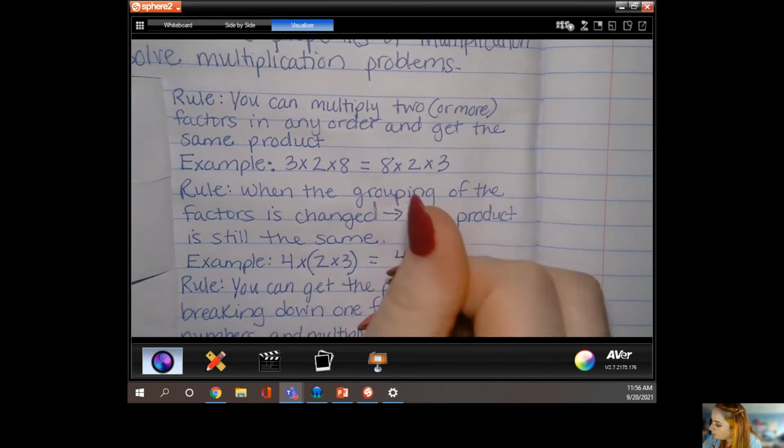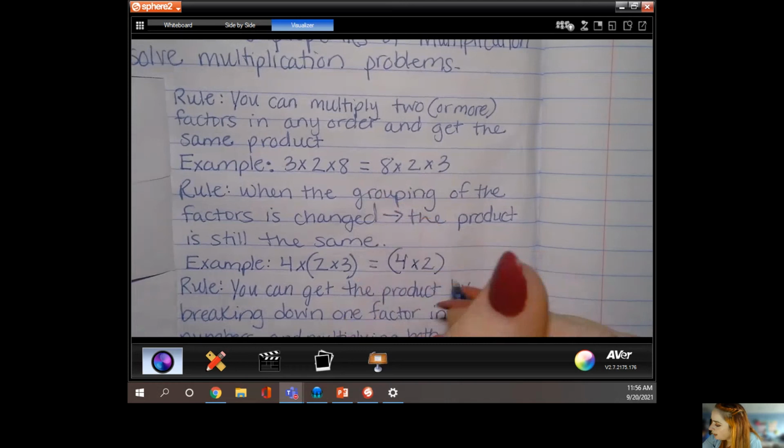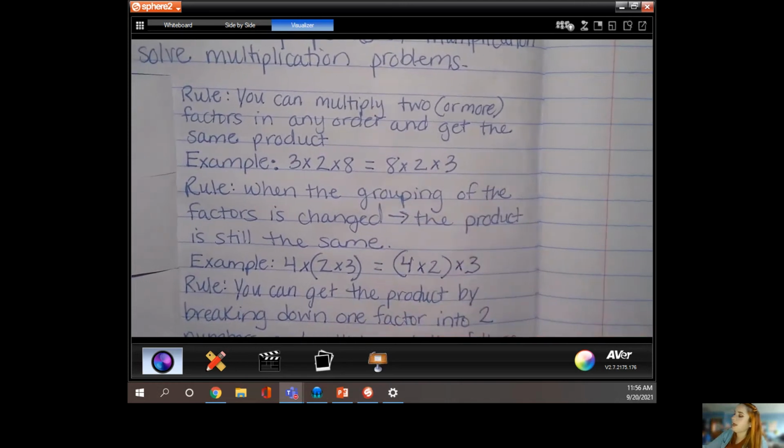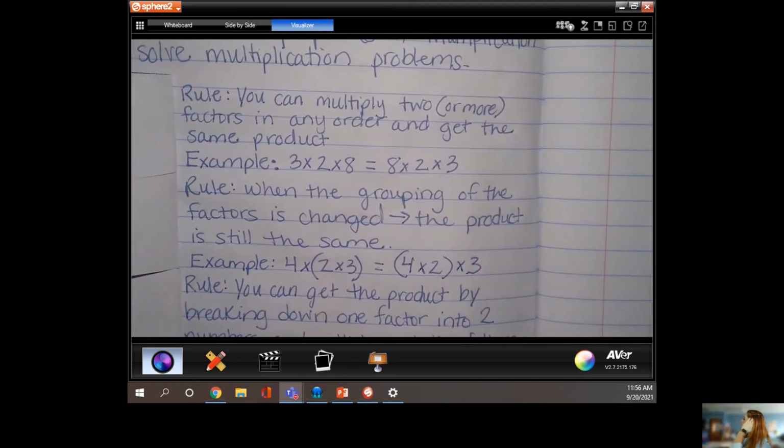So you could put them like this, and it would still be the same answer as this. And you'll find out as we get into expressions that parentheses means that you solve that part first, according to the order of operations. But we will refer back to this for as long as we do multiplication. So you may not use the associative property right now, but you will throughout the year. Okay.